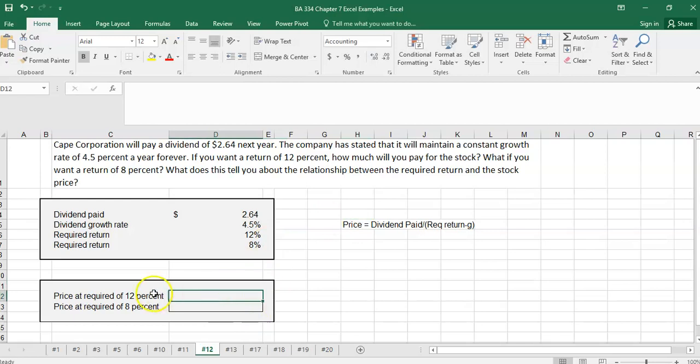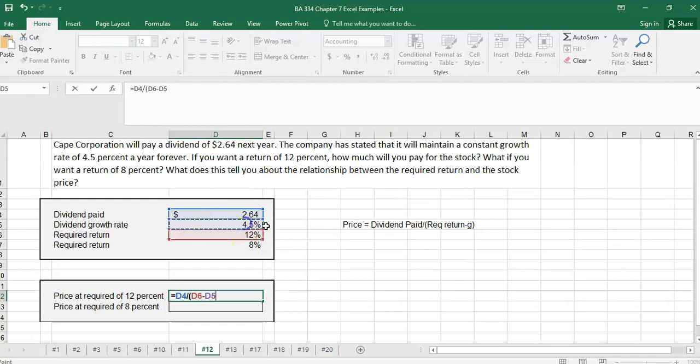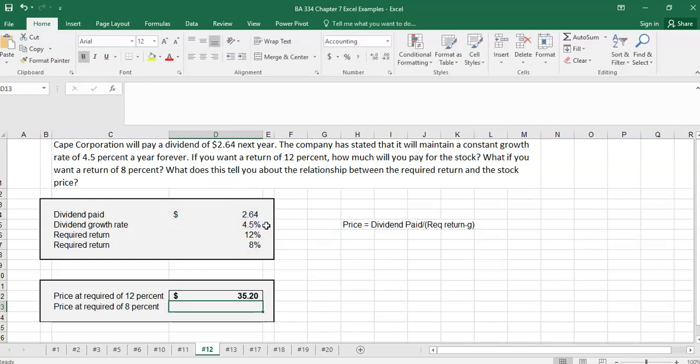So at 12%, that is our dividend paid divided by the required rate of return of 12% minus our growth rate, or $35.20.